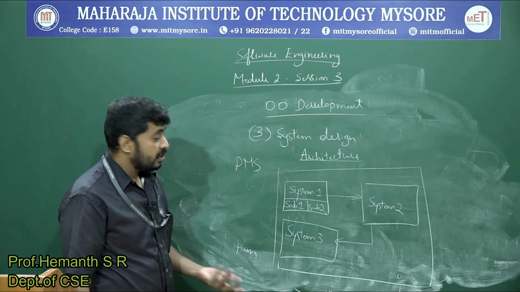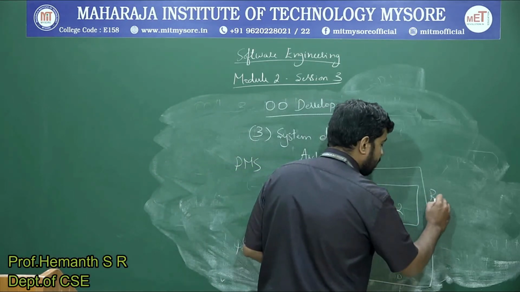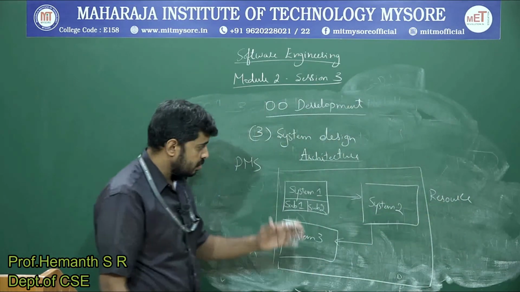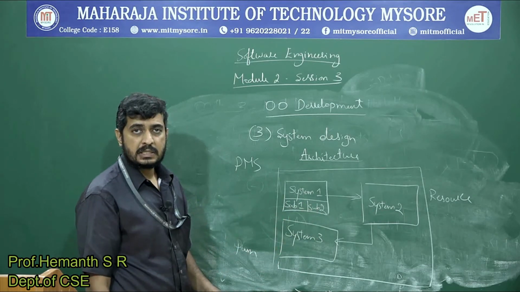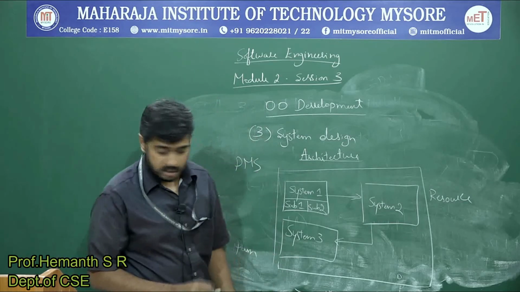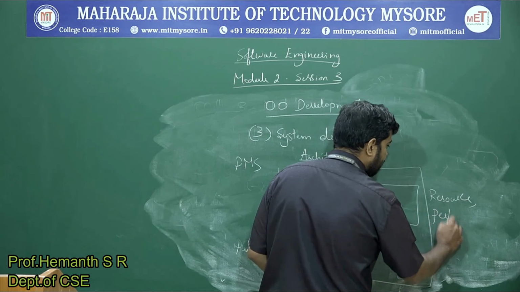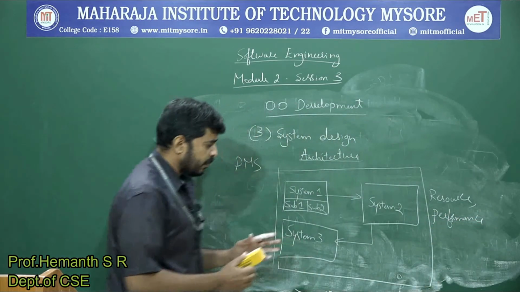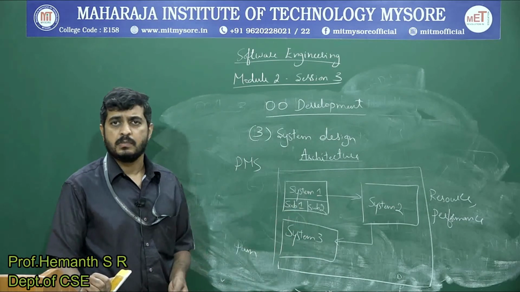Okay. Also, not limited to this, we also plan the resources, what resources are to be allocated for designing and developing this. Okay. Resource allocation will be done. So with resource allocation, we even decide on the performance, what performance is being expected from different parts of the system.